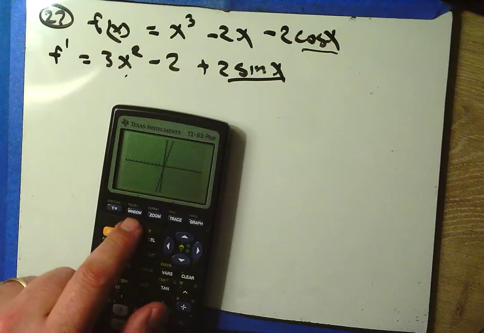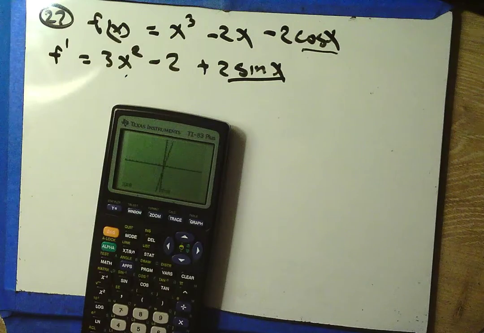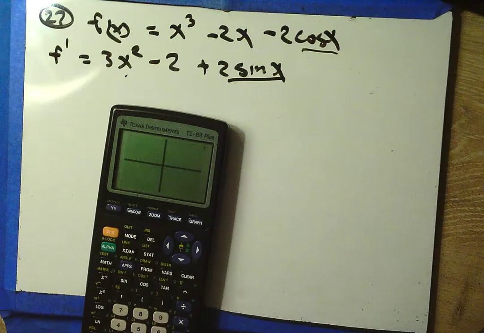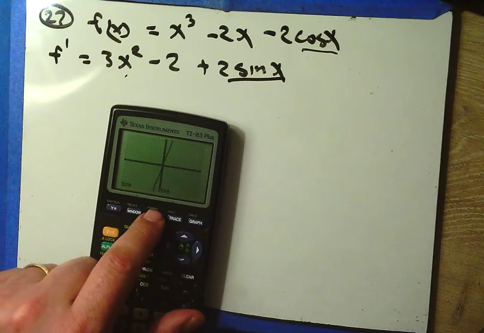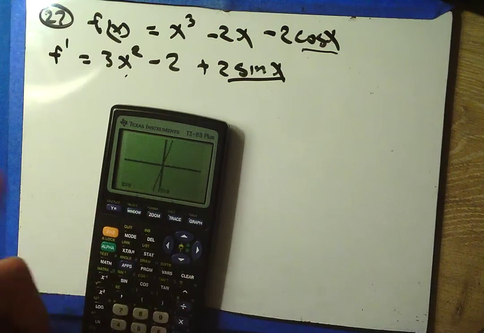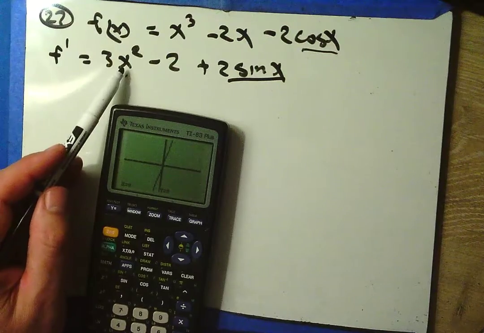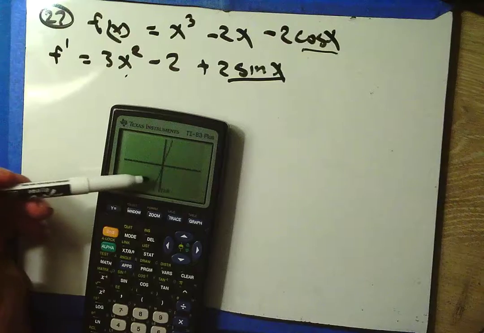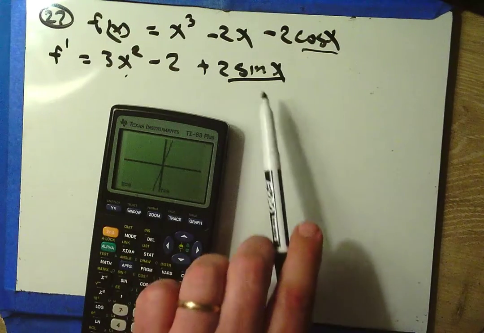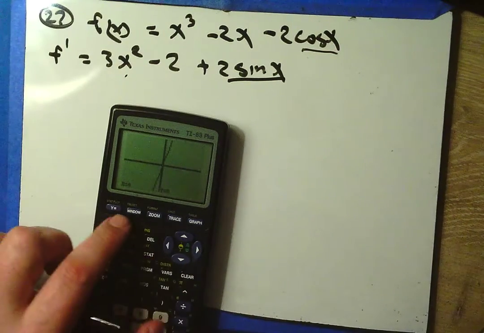That's troubling. Okay, well, let's try zooming out. Oh, look, there's a little wiggle there. Could there really only be one x-intercept? Well, let's think about that. If I plug in a negative number here, I'm supposed to get a positive. Why is this showing me negatives? I don't get it.